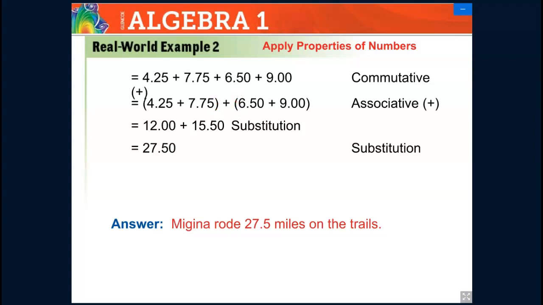That's the associative property. When we add them to get numbers, that's substitution. And when you add to get your final numbers, once again, substitution. So our answer is that she rode 27.5 miles on the trails.